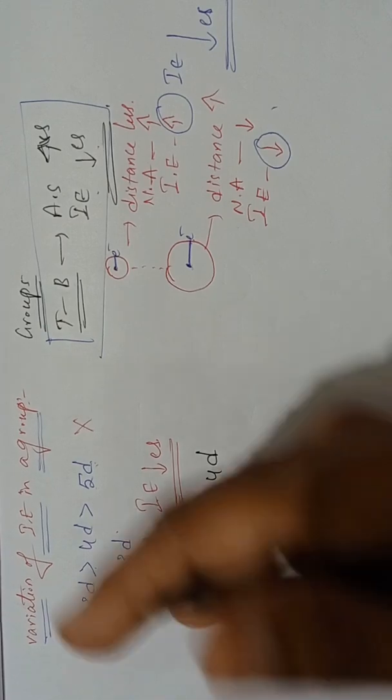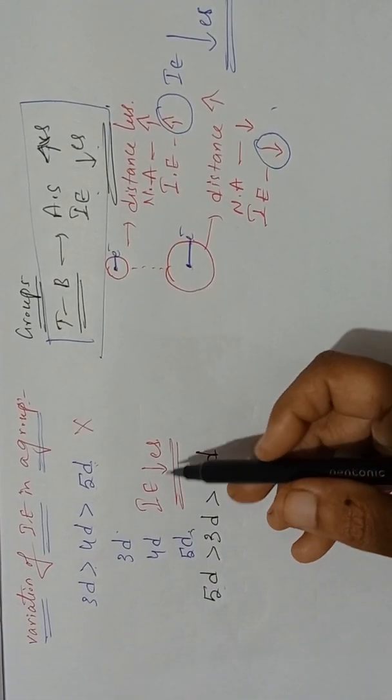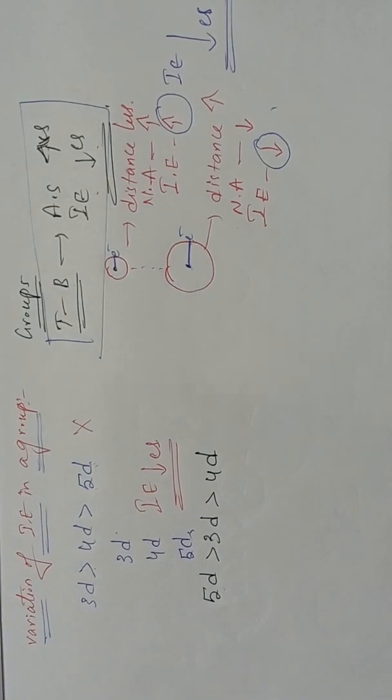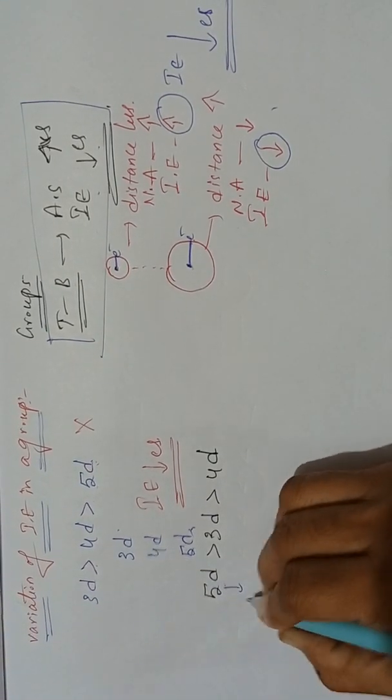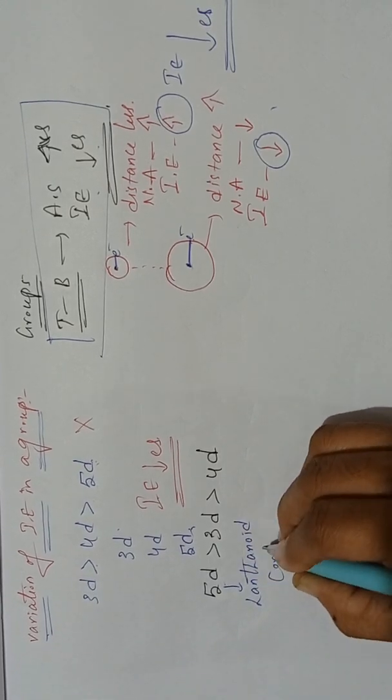Why is 5d first? Ionization energy is more, students, because of lanthanoid contraction.